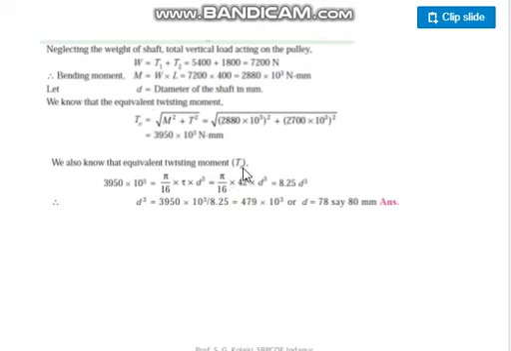Now you have the formula, torque equivalent is equal to pi by 16 tau d cube. From this you can find the diameter, and this fellow got around 78, that means 80. And here he has designed considering only the equivalent torque, he did not consider the equivalent bending moment. So, I told you, depending upon the marks that are allotted to the problem, you do it.